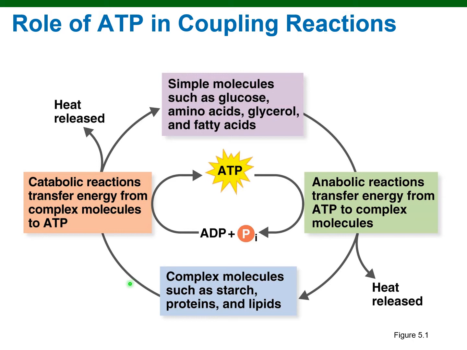Likewise, on the other side of this circle, sometimes an organism will have to take these complex macromolecules and break them down, possibly to get energy, to release energy. So if an organism is burning starch or proteins or lipids and breaking them apart, that's in an effort to make ATP to get more energy.